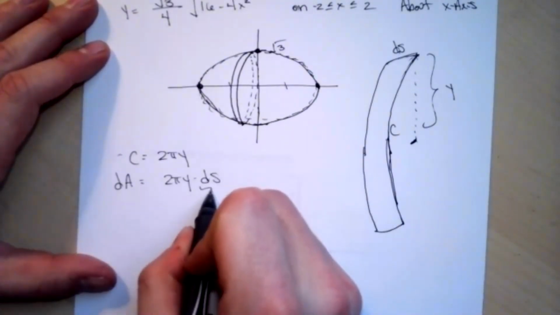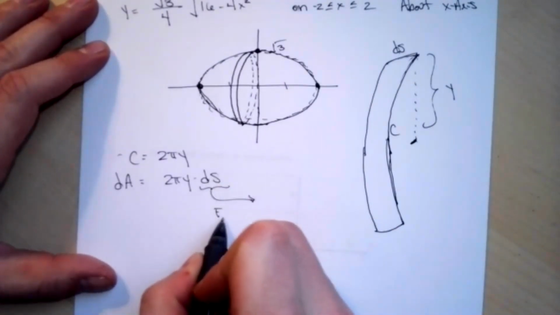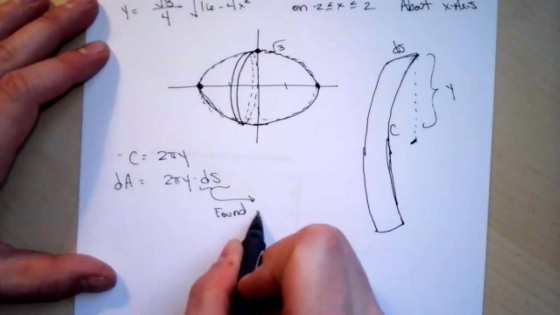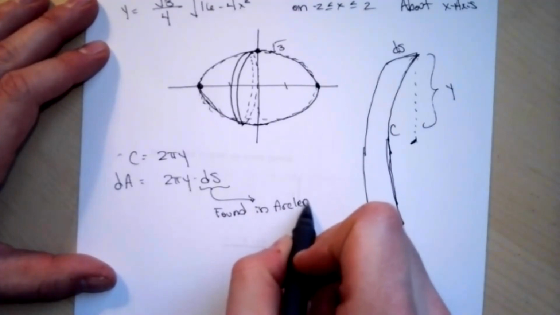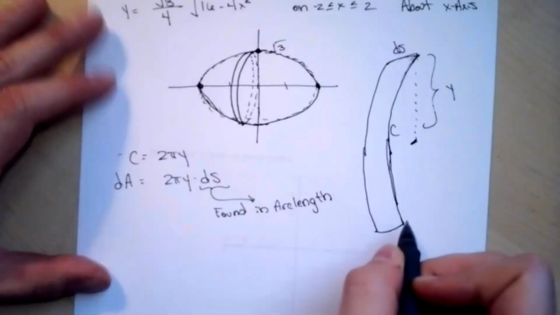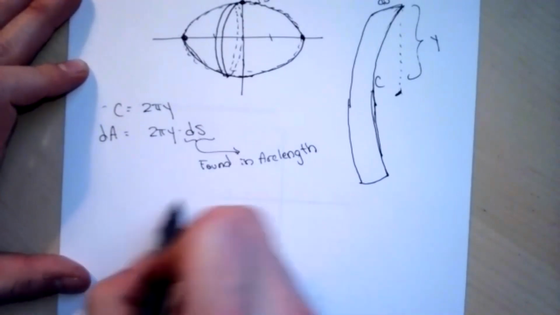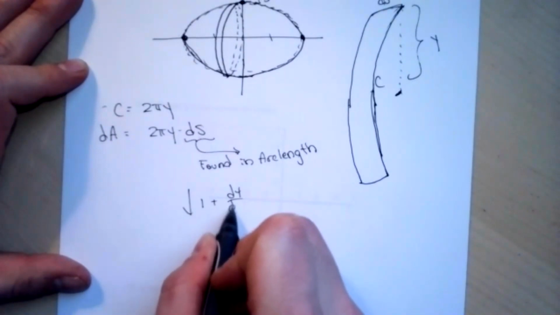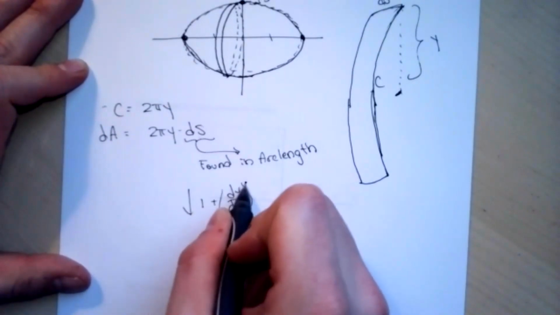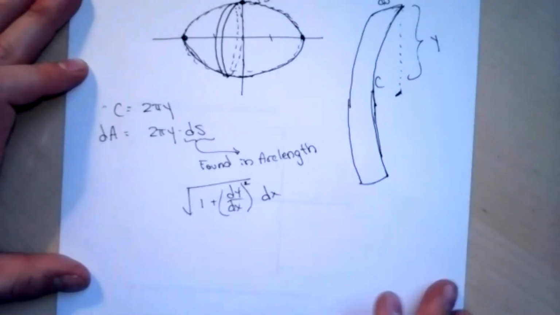Now this guy, we've found an arc length formula. Same thing. Namely, it's going to be square root of 1 plus dy/dx squared dx.